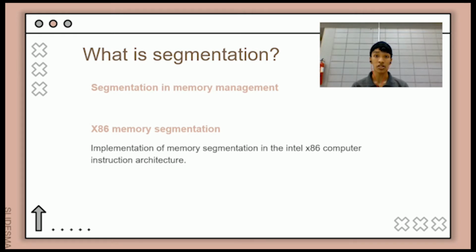Each segment is actually a different logical address space of the program. So, x86 memory segmentation refers to the implementation of memory segmentation in the Intel x86 computer instruction set architecture.